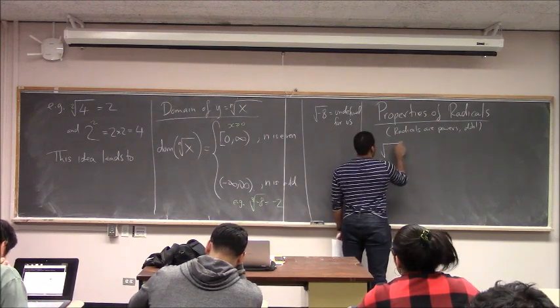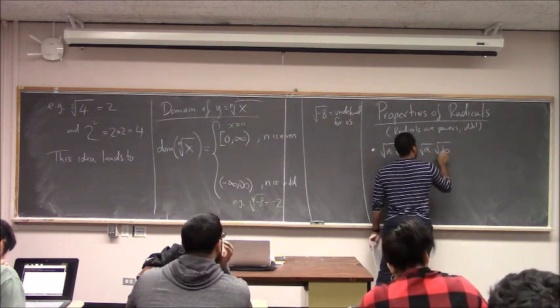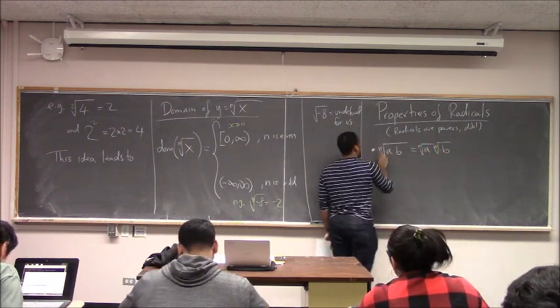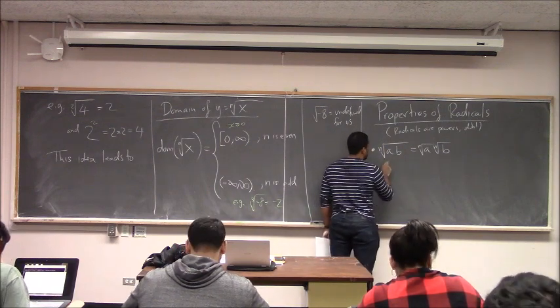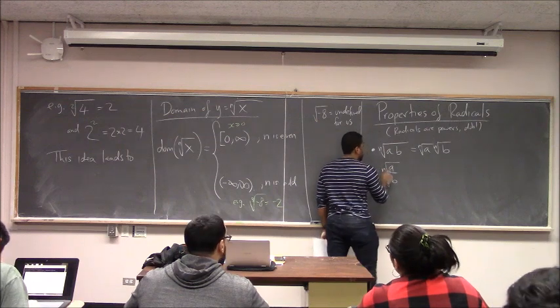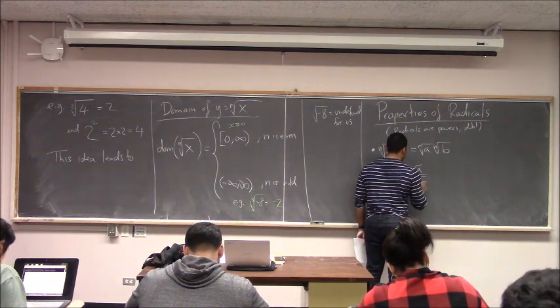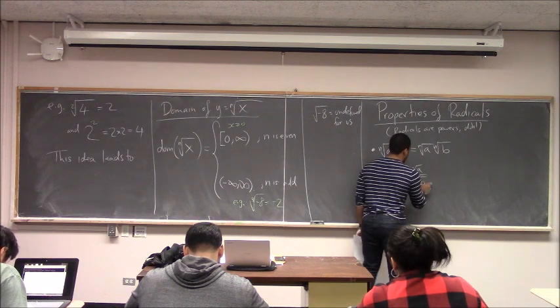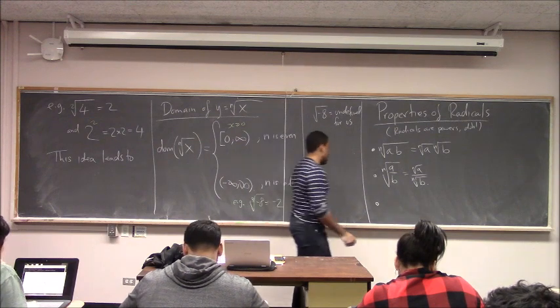The idea that you should know: radicals distribute across products because powers do. Radicals distribute across division because powers do. You can stack radicals because you can stack powers.